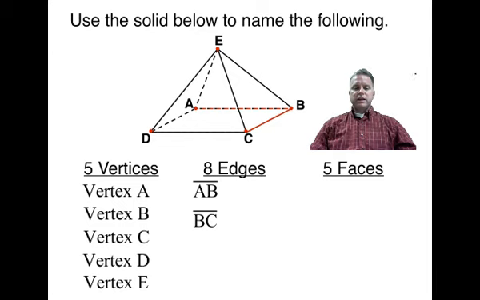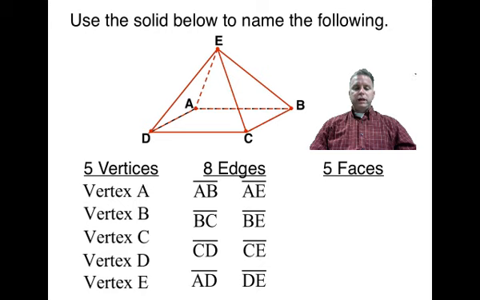Then we have B to C coming up front. Along the front we have DC or CD, and then AD. And we also have the lines going up to point E. So AE, BE, CE, and DE.